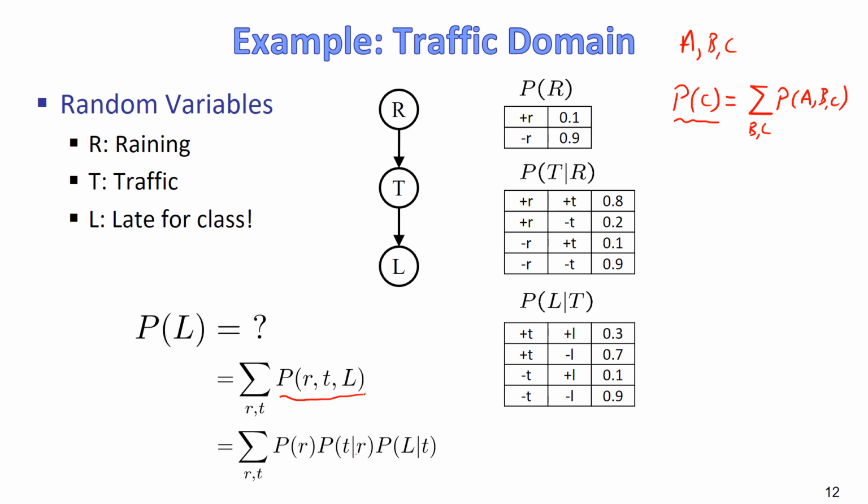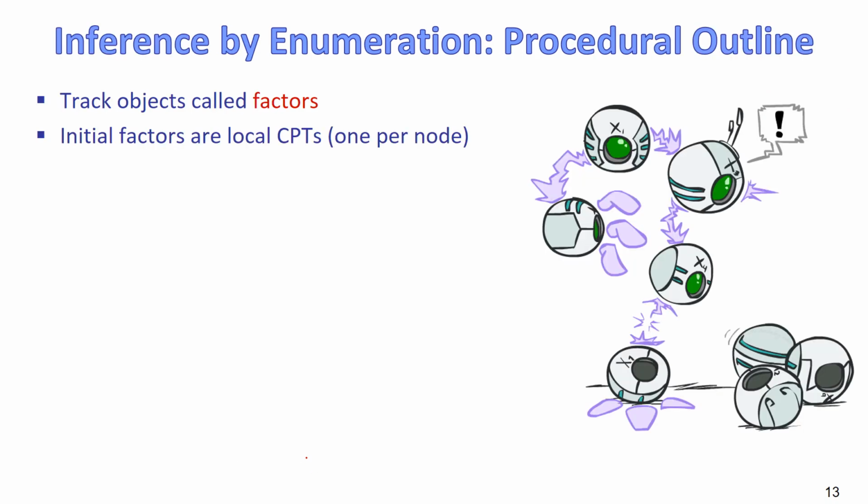Okay, so that's the general way of doing something like this using the tables. We didn't say anything about factors or variable elimination or anything. That's what the mathematics tell us, what the probability laws tell us. Now let's see how we can use factors to do that efficiently.